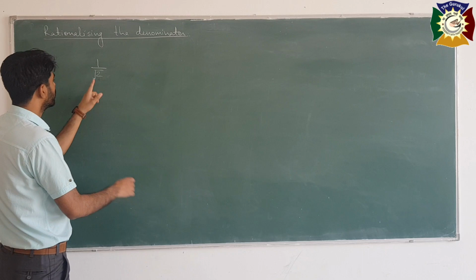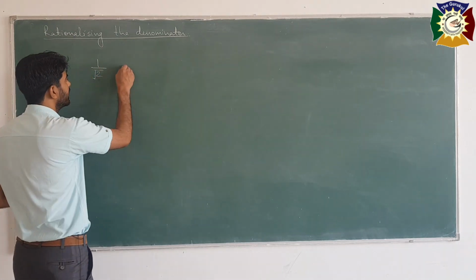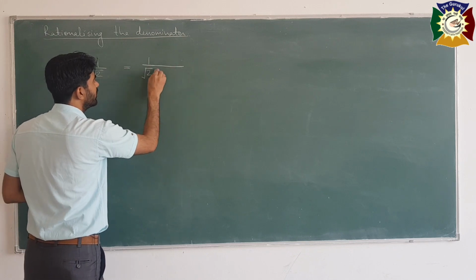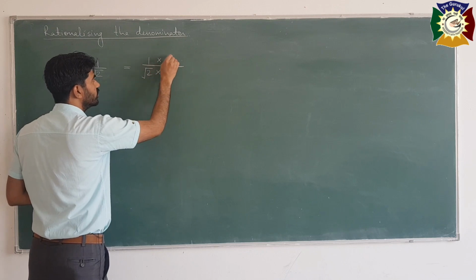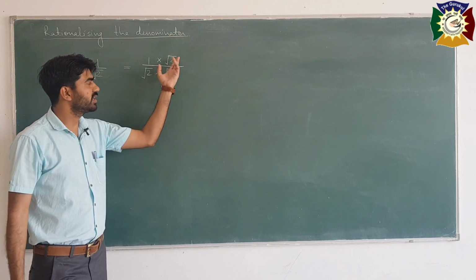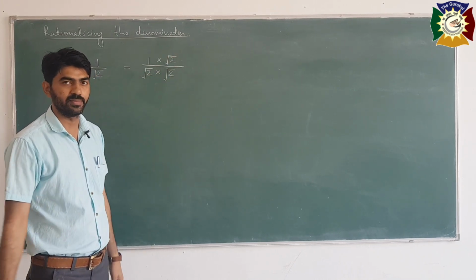Okay. So I want to remove this root sign from the denominator. So I can write this 1 upon root 2. If I multiply the denominator by root 2 and the numerator also by root 2, will there be any problem? So we can multiply numerator and denominator by the same number.